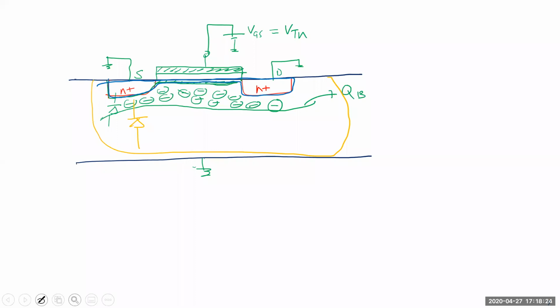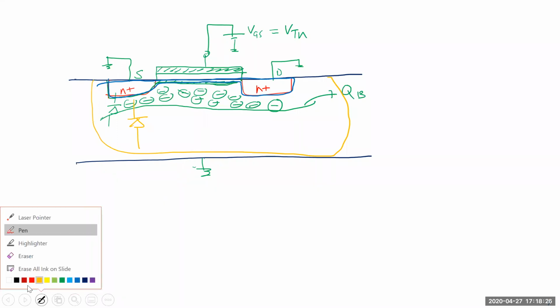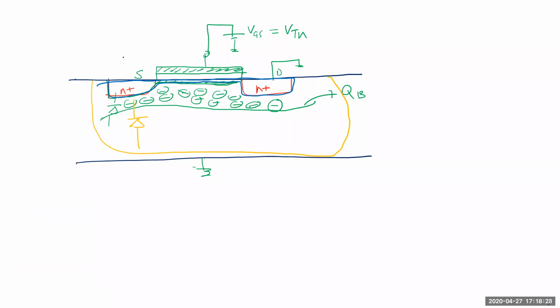Now let's say I take this voltage. Just for argument's sake, I'm going to increase both sides by an amount, and we'll call that amount VSB. We call it VSB because it's with respect to the bulk also.